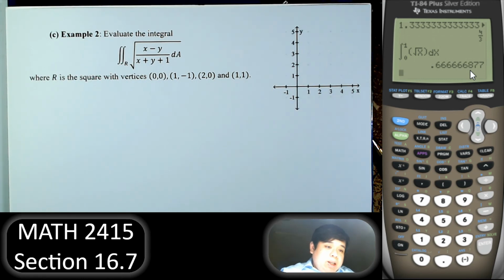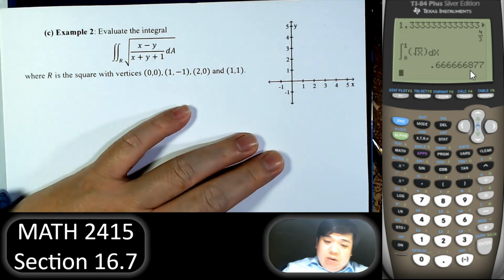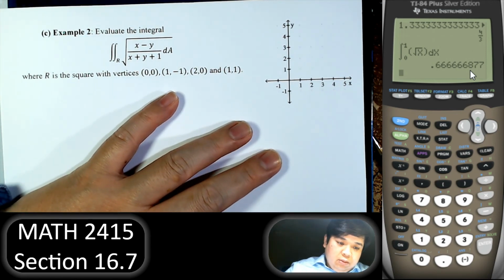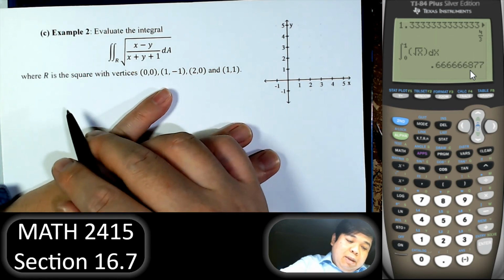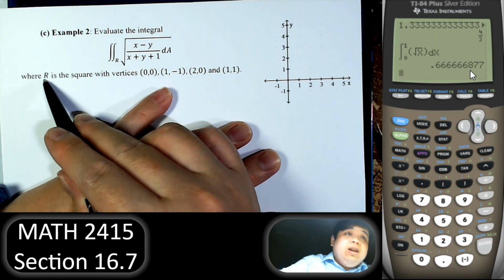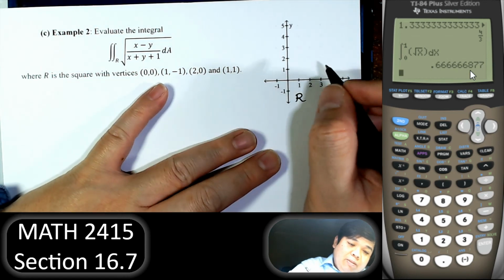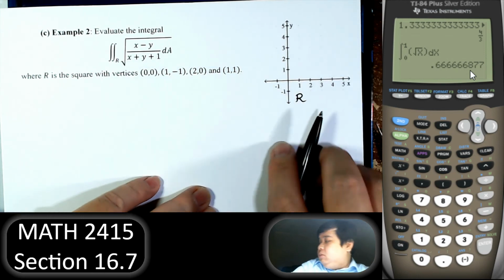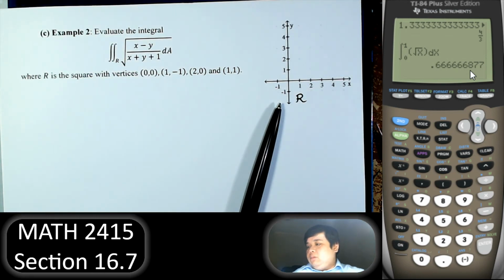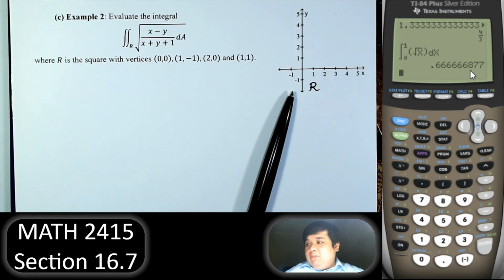Right, on this one, evaluate that integral when r is the square with the points 0, 0. By the way, r again will be of x and y, or the image. Yeah, x and y is the image.